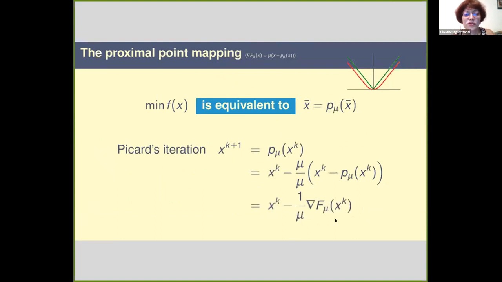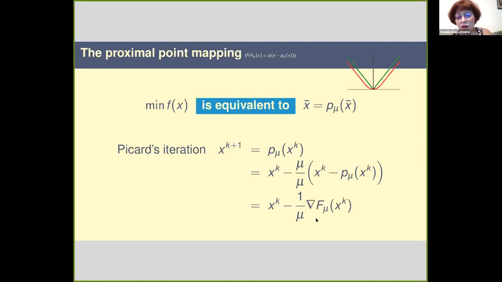So what we are doing when we do a proximal method is a gradient step on the Moreau envelope, preconditioned by the proximal metric that we are using in the quadratic term.